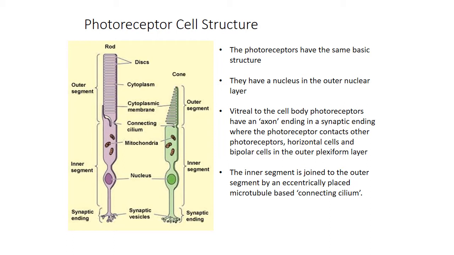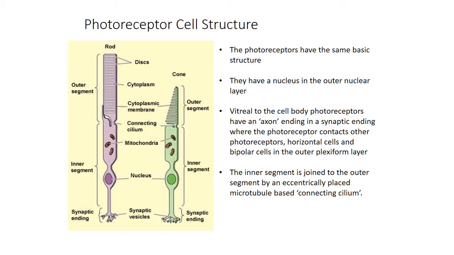Both rods and cones have a domain that we call the outer segment, where you find a membrane specialization that we call discs. You can see in the rods that the discs are separated from the cytoplasmic membrane, while in the cones, those discs are contiguous to the plasma membrane.